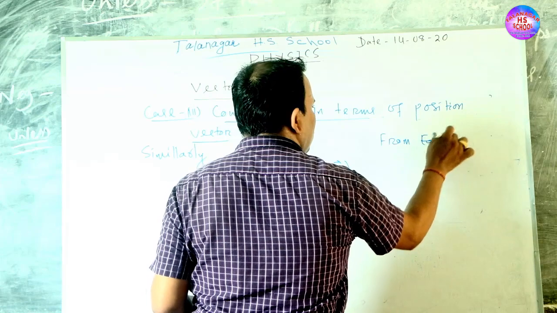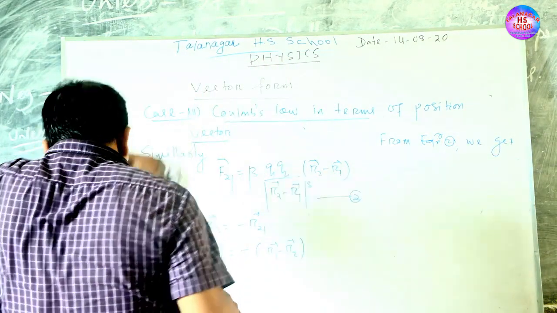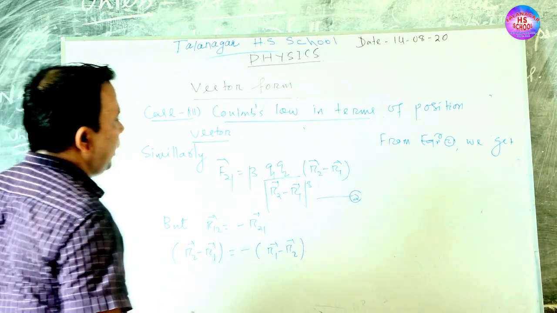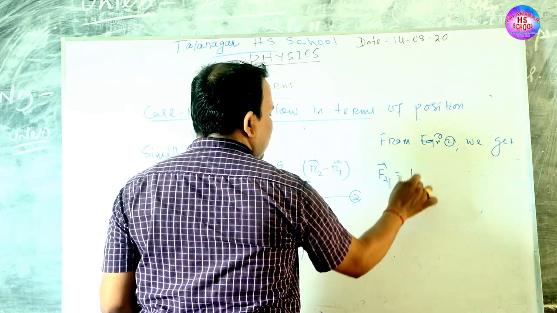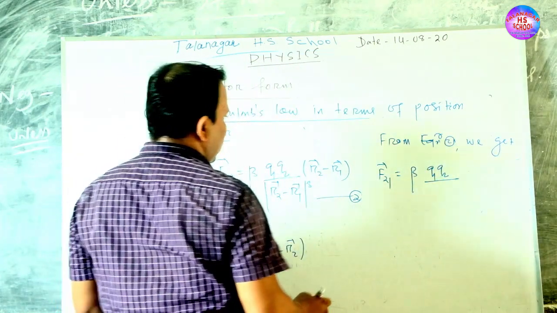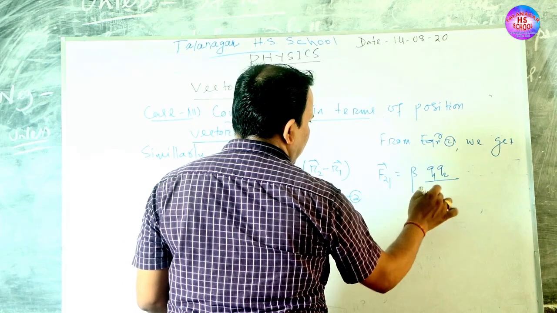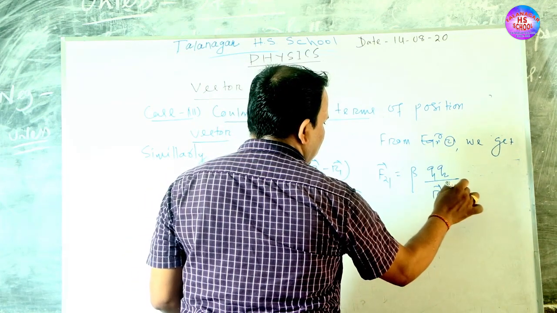From equation 2 we get F21 is equal to beta q1 q2 by the modulus of (r2 minus r1) cubed, and here the vector r2 minus r1 is equal to the negative of the vector r1 minus r2.